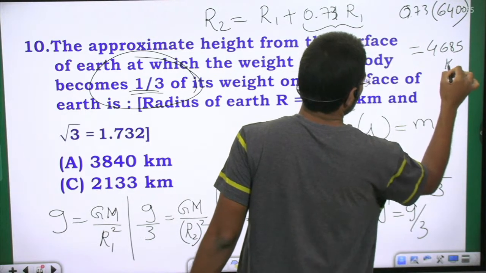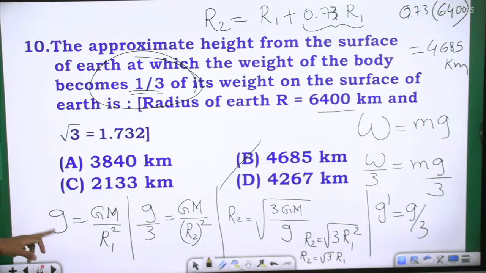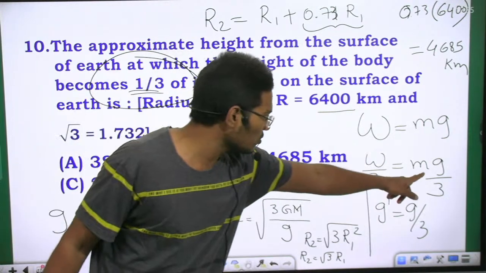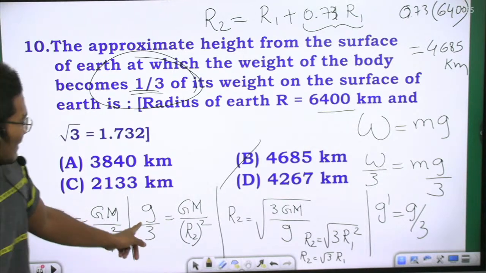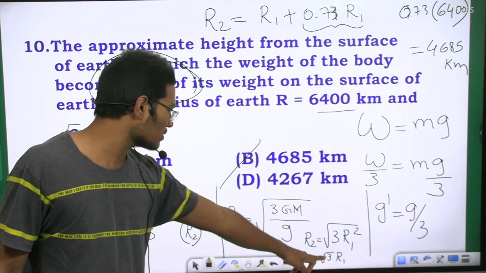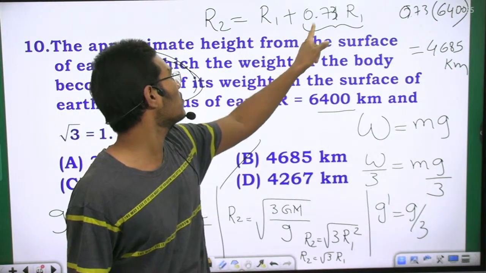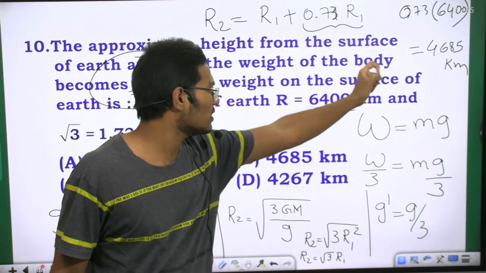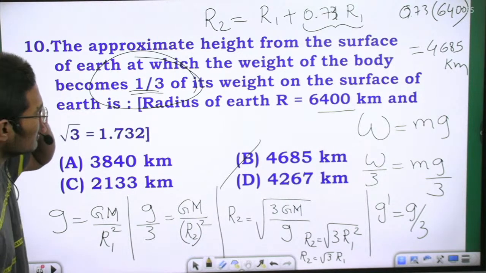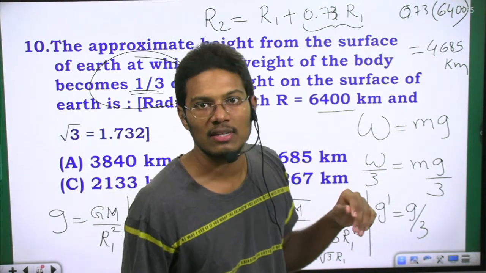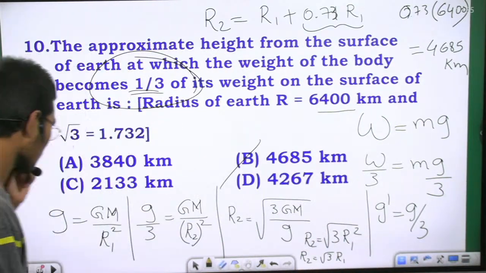So the extra distance that is away from the surface of the Earth is equal to 4685 because g got reduced. See, the new g is g by 3. We just try to equate the old g and new g, and we found R2. R2 is equal to root 3 times R1. Root 3 is nothing but 1 plus 0.732. So this is the extra height, right? So that is 4685, the extra height that we need to travel away from the surface of the Earth, so that the acceleration due to gravity g becomes g by 3, right? Come on, let's move to next question.